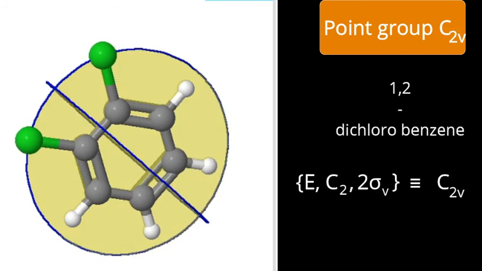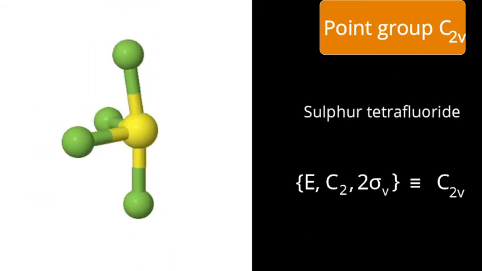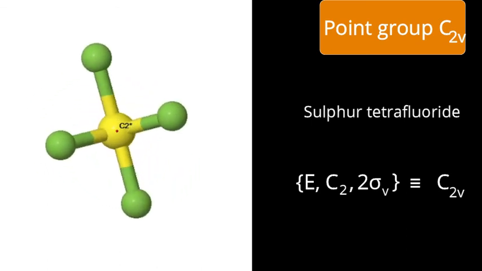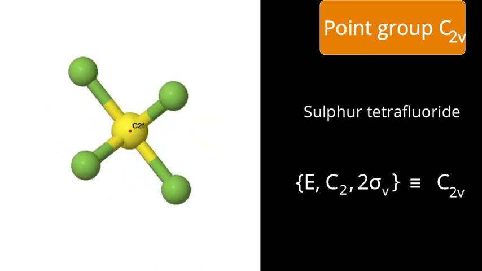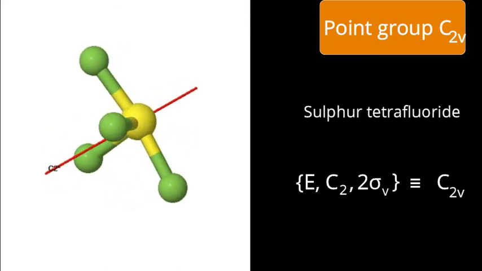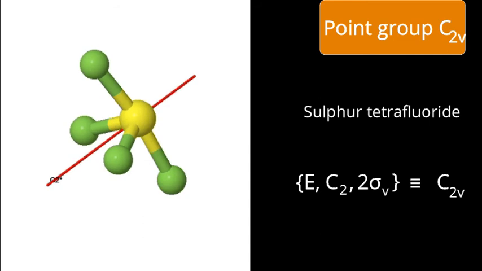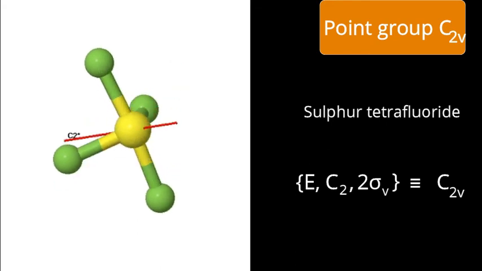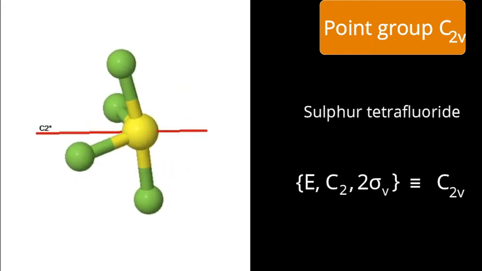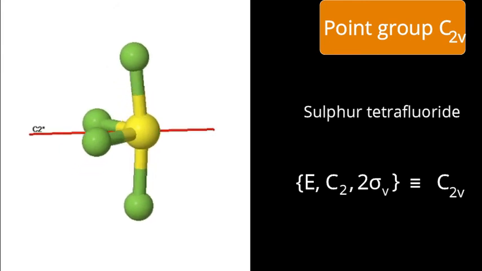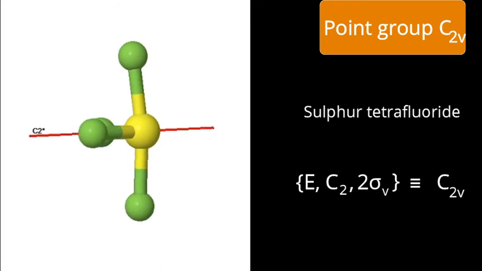Are you following? Let us discuss one more C2V category molecule, that is SF4, sulfur tetrafluoride. See here, sulfur is at the center with yellow color and 4 fluorine atoms are there with green color. Basically the structure is trigonal bipyramidal, but at one equatorial position a lone pair is present. And the upper fluorine and lower fluorine are not in a straight line because of the lone pair.